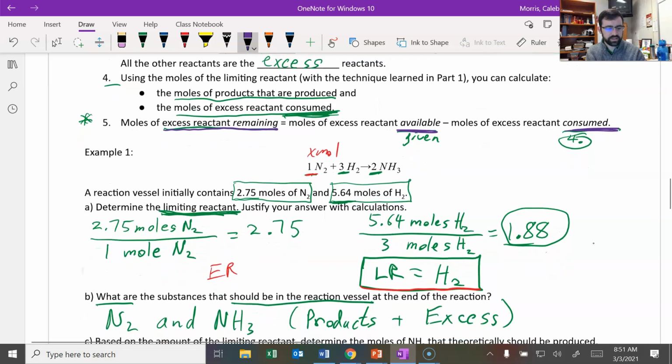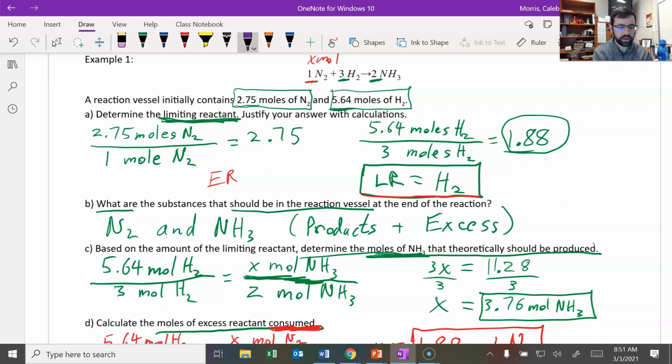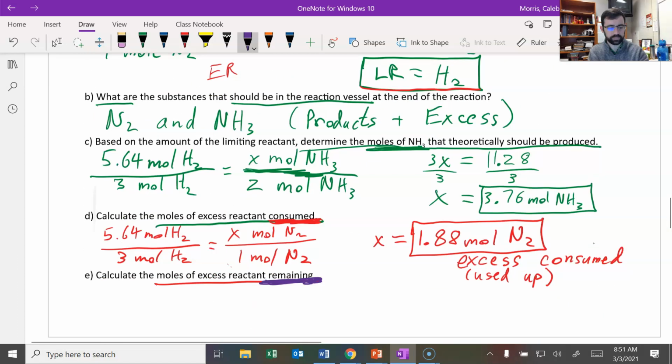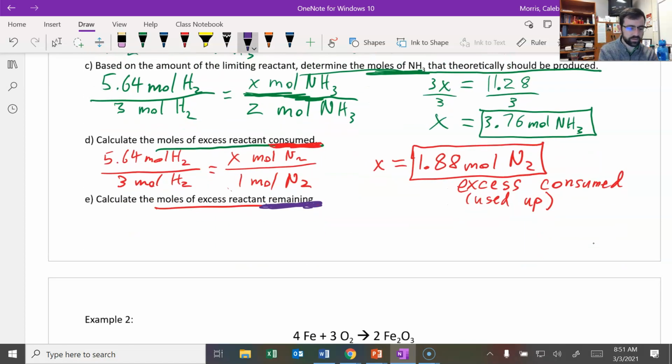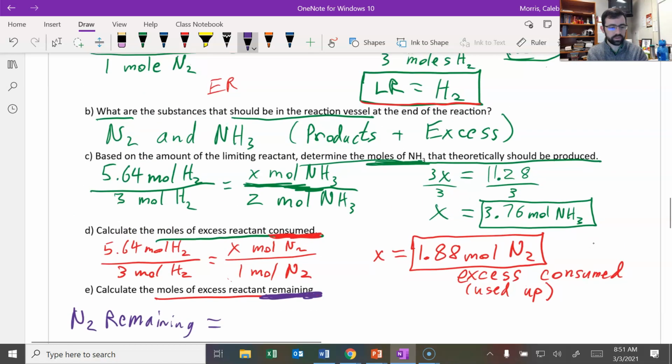So how much nitrogen was I given? Well, I had 2.75 moles of N2. So the N2 remaining equals the original amount.